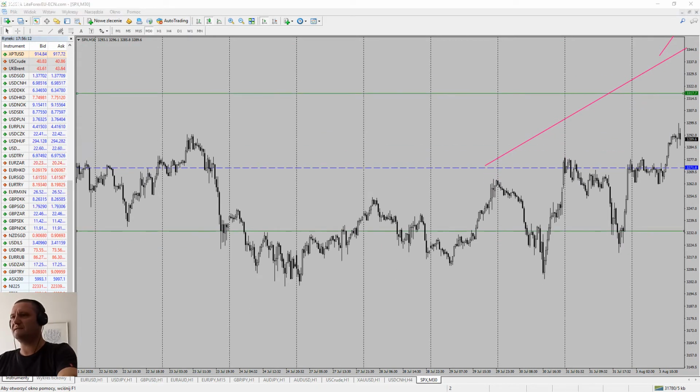This green line over here. Okay. So that could be the case for the S&P. So slowly, finally around, I don't know, late Tuesday, maybe the beginning of Wednesday, we might hit this level. So it looks like Nasdaq might be the weaker one when it comes to the indices.